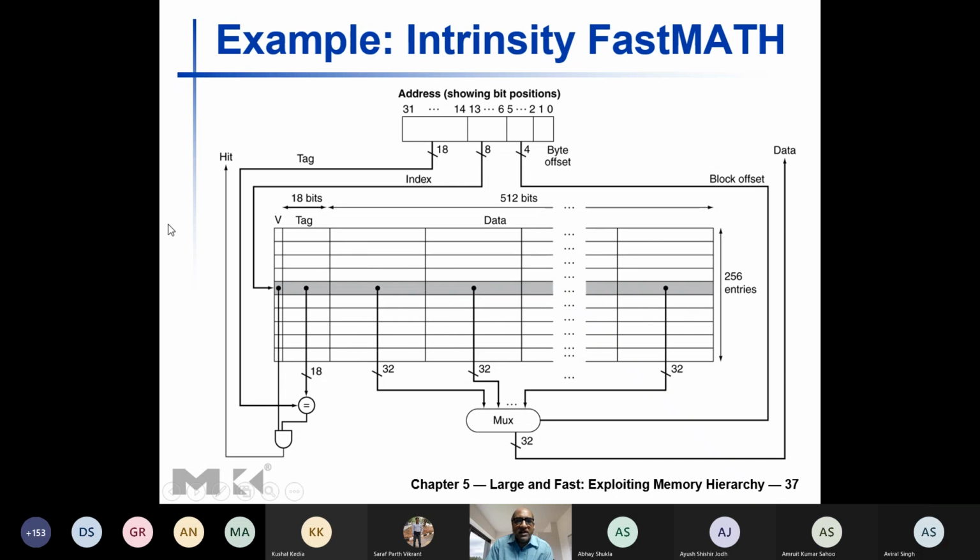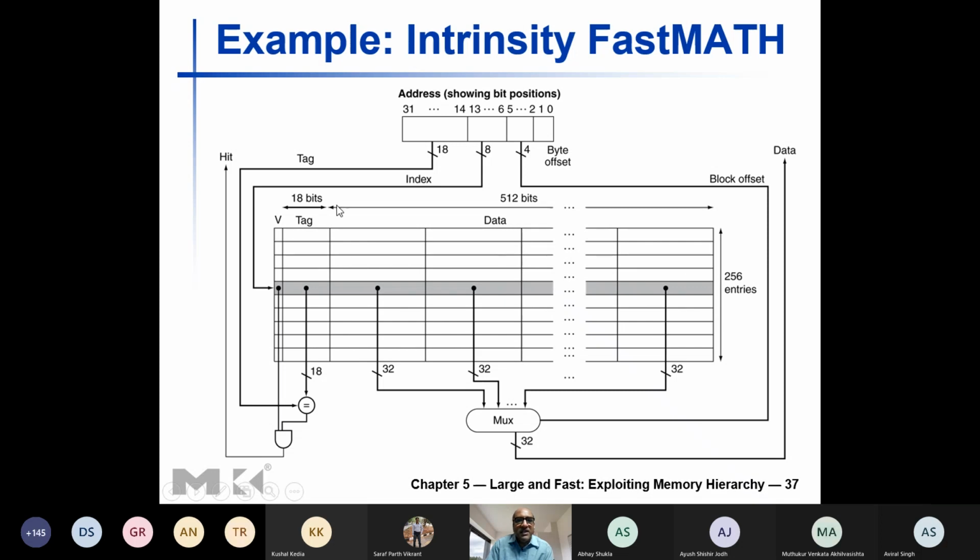So the cache organization will be like this. Because there are 8 bits indicating the cache entry, the cache consists of 256 entries, and each entry contains 16 words. This is one word, second word, likewise, there are 16 words.